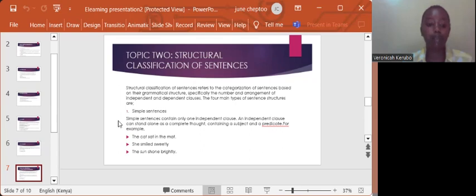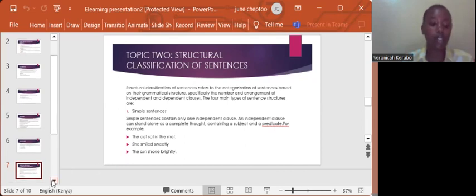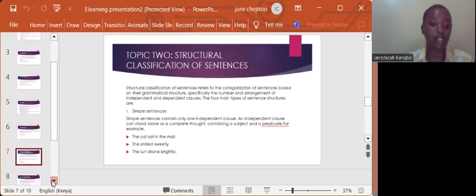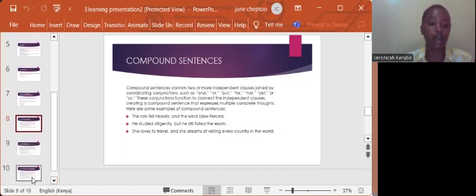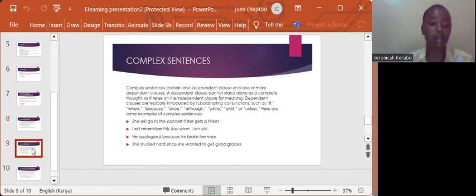For example, the cat sat on the mat. You can see it has only one thought, and it has a subject and a predicate. The next example, she smiled sweetly, and the last one, the sun shone brightly. Our second type of sentence is complex sentences.